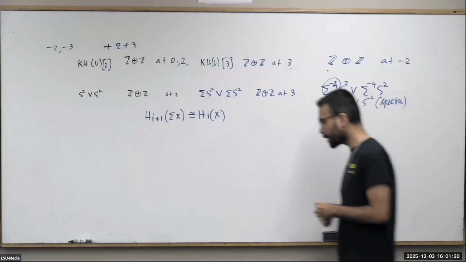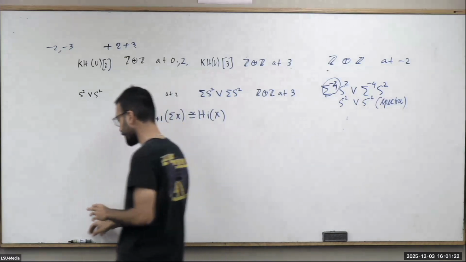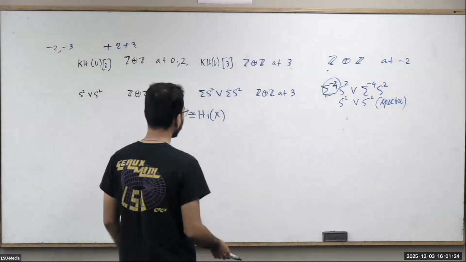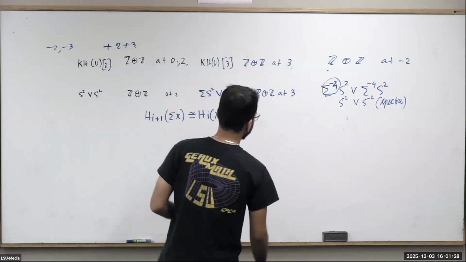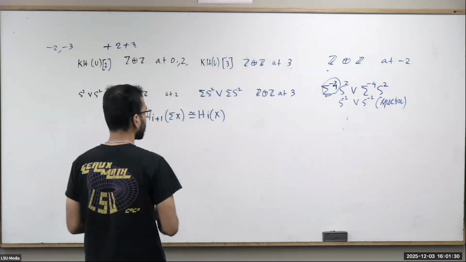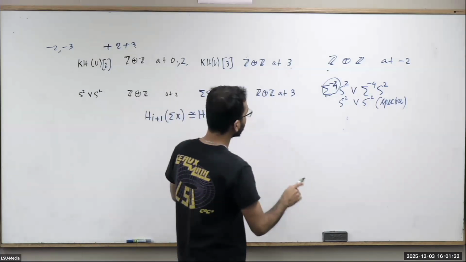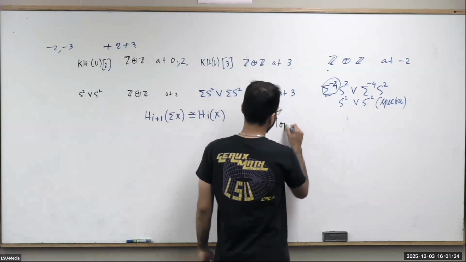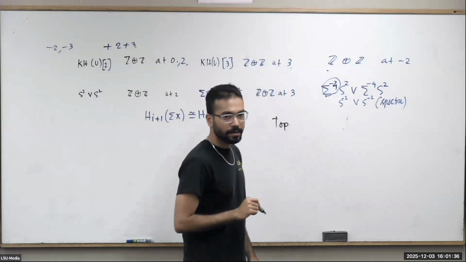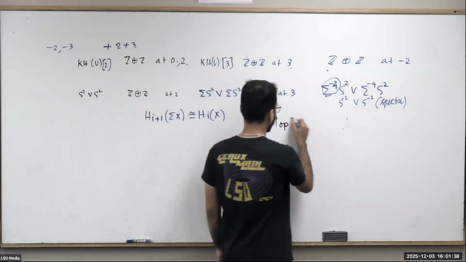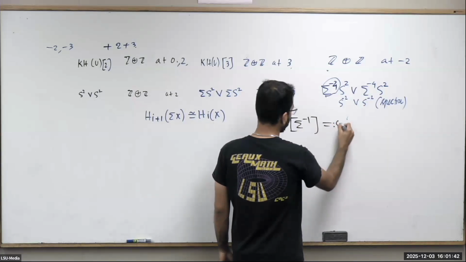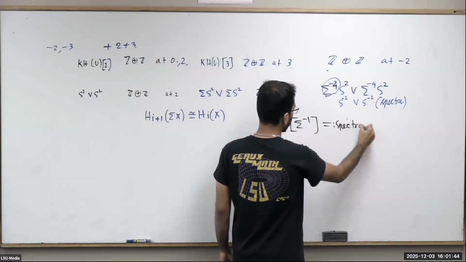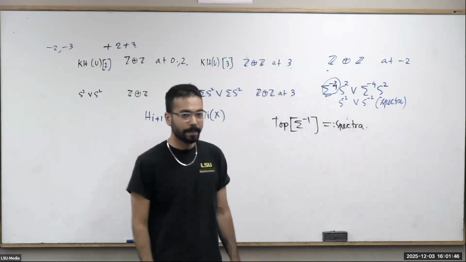So how should you think about spectra, at least for this class? I think I have introduced spectra in this K-theory class, and even in one of the informal seminars. You simply think of spectra as topological spaces where suspension is invertible. That's it.